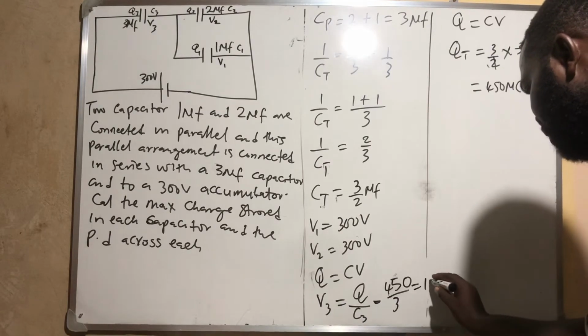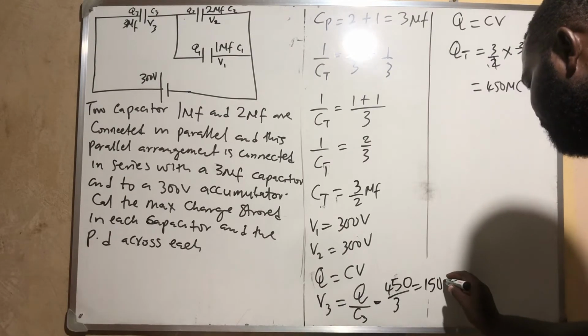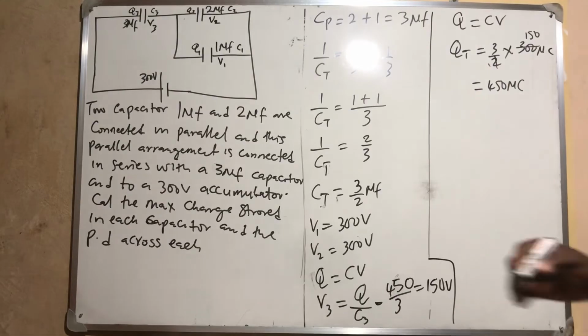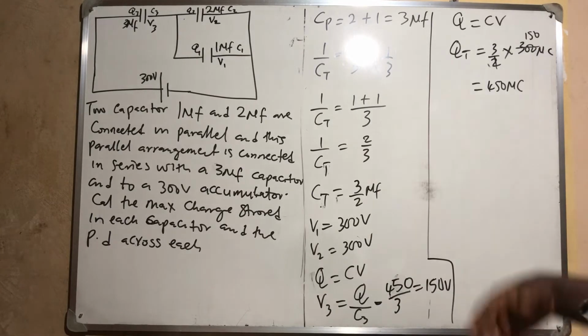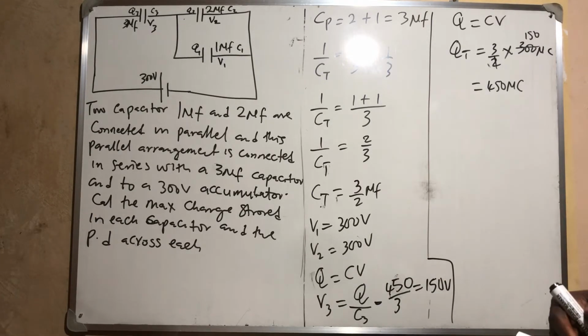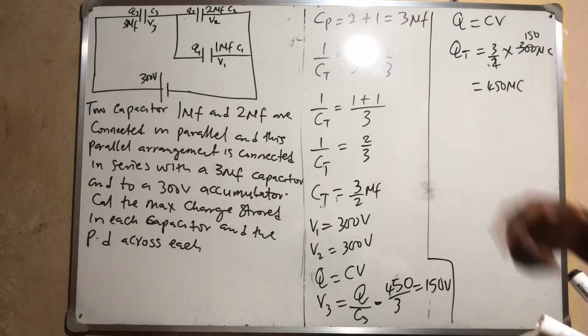So here is 150 volt. That is the one across V3. So now we have calculated their volts all through. Let's calculate their charges. Don't forget that the charge across capacitors in series is the same.